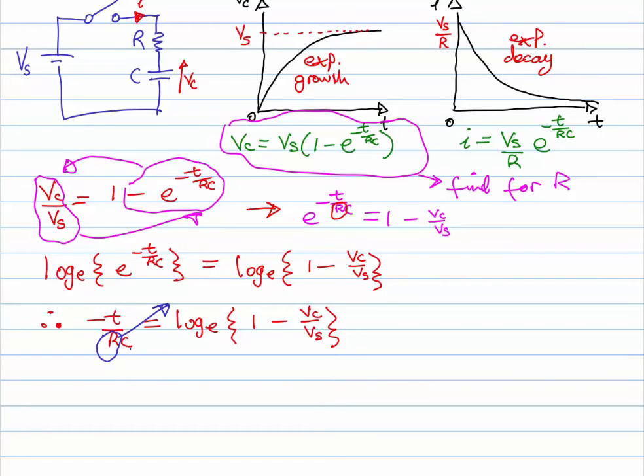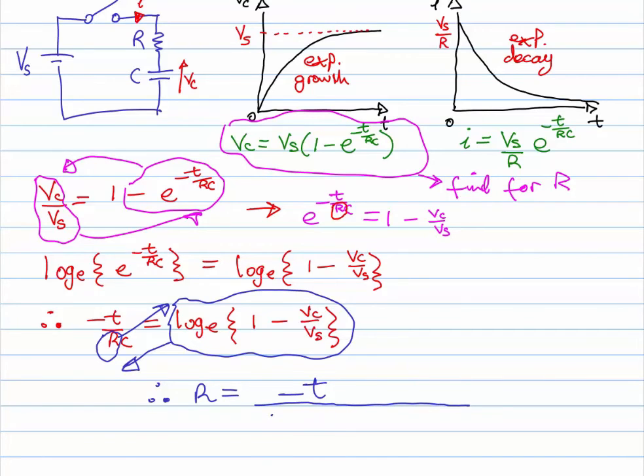In other words, multiply both sides by R, so they cancel on the left and R appears on the top right. And we can do the same thing with this whole term here, and move that on a diagonal, and that appears on the lower left. So therefore we end up with R equals minus t over C log the base e of 1 minus Vc over Vs.